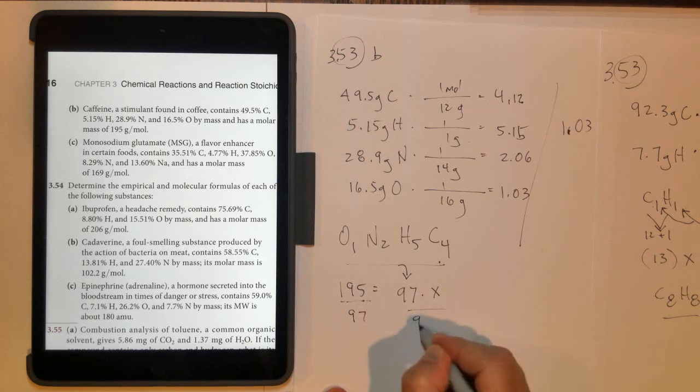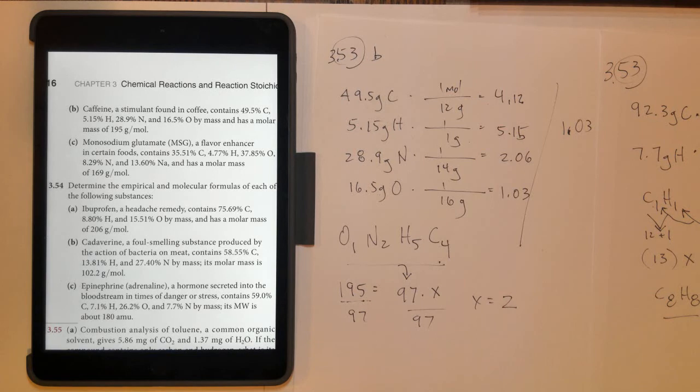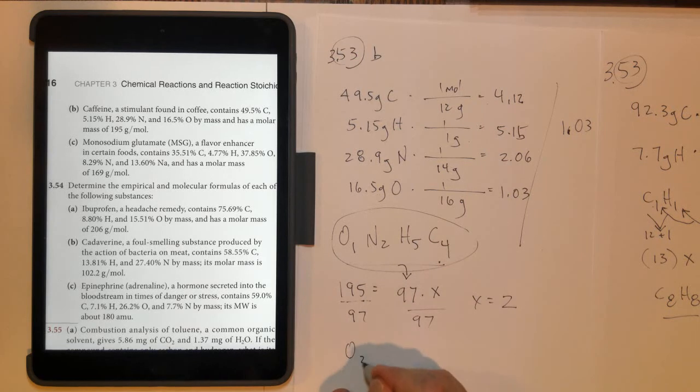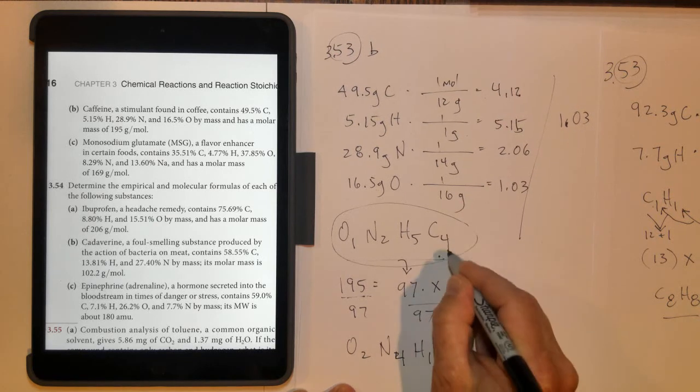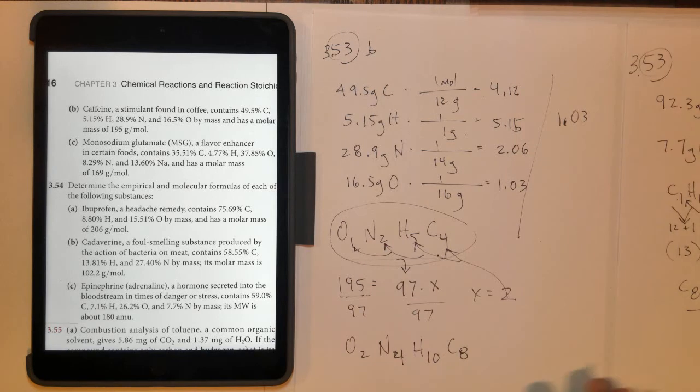Divide both sides by 97. I end up with x equaling 2. And so that means I need to double each one of these numbers. So O2, N4, H10, C8. I have to multiply each one of these subscripts by this number to get the molecular formula.